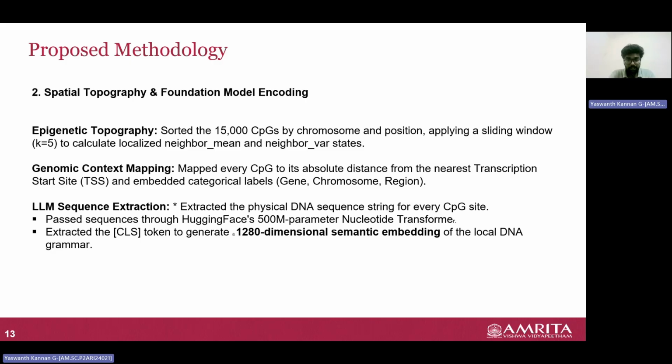This model generates embeddings of 1280 dimensions, which capture the DNA grammar, regulatory patterns, and sequence-level biological signals. This is very powerful because it brings foundation model knowledge into our model.